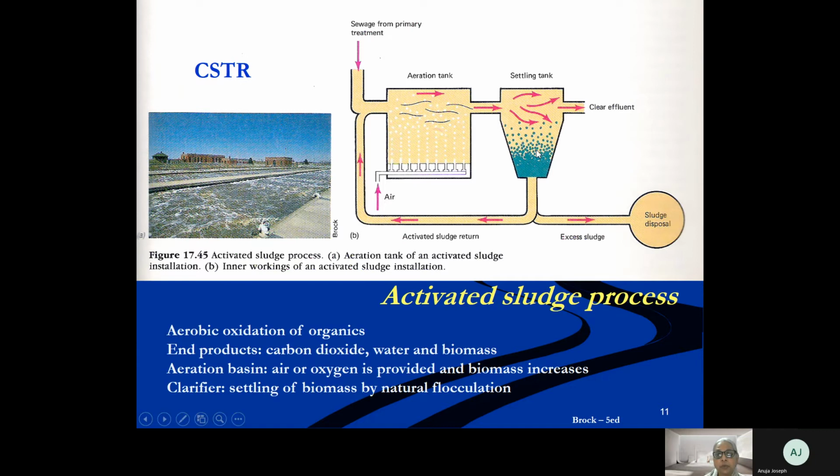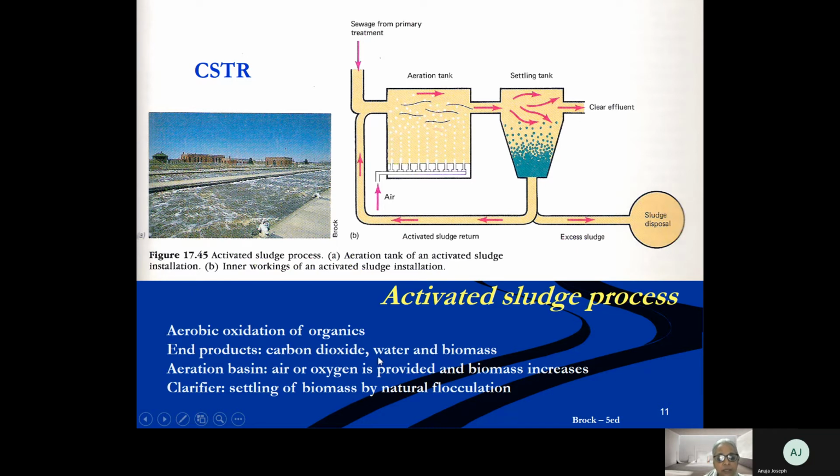Then the sludge, the biomass that is generated, part of it will go back because we cannot allow the tank to become clean. We need the biomass to keep the process going. So a fraction will come back to the aeration tank and the excess will be sent for sludge management and disposal.